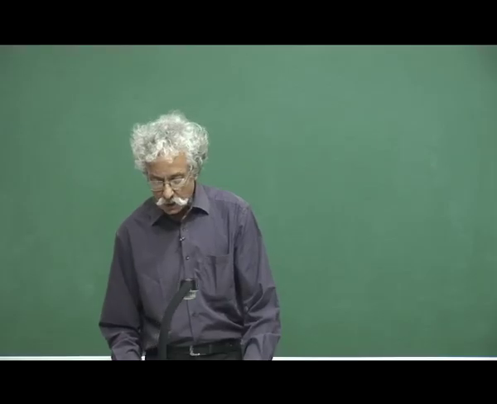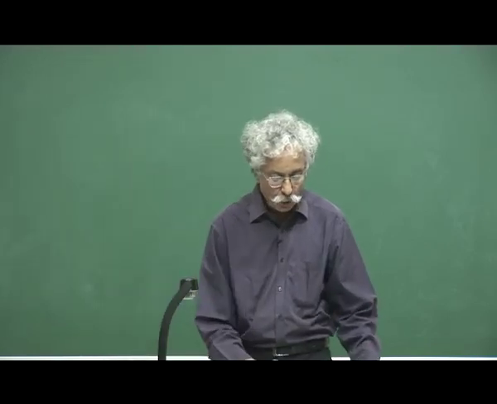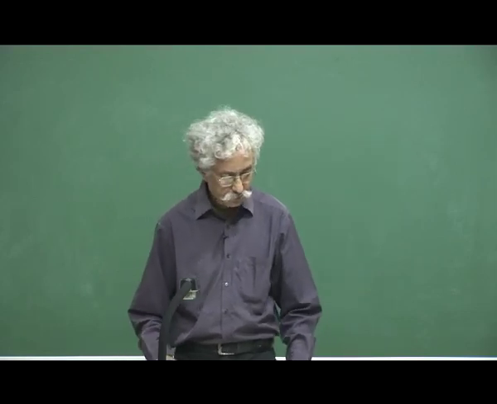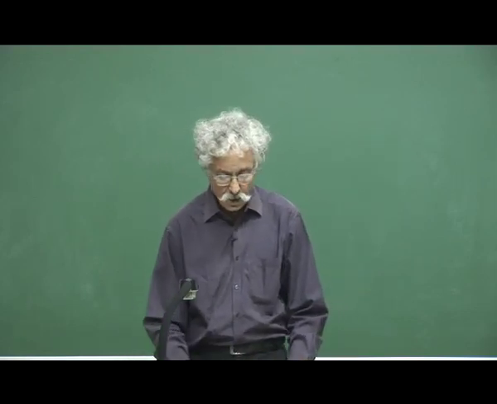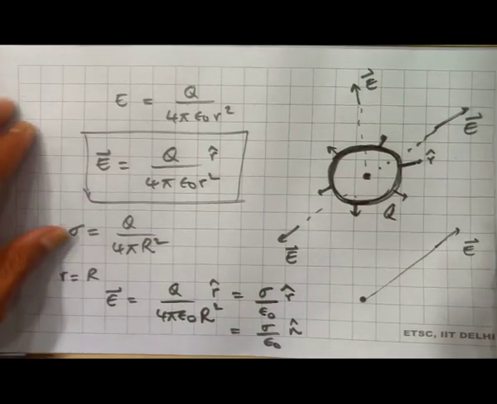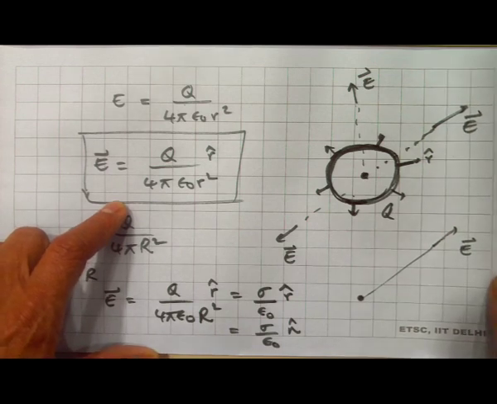So, this is a very interesting example where we have seen the power of Gauss's law in being able to calculate the electric field produced by a charged conductor. Inside the conductor the electric field is 0, and outside the conductor the electric field is exactly the same as if the charge was concentrated at the center of the sphere.